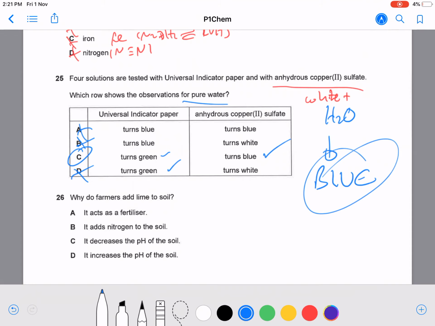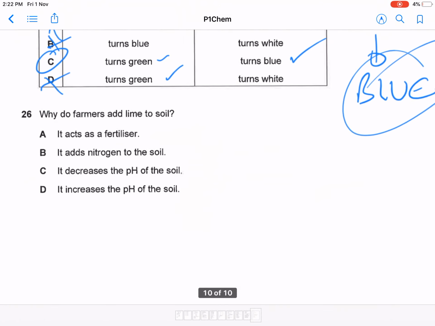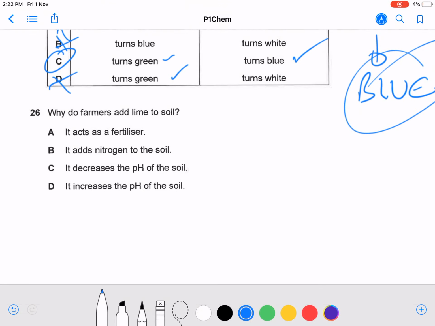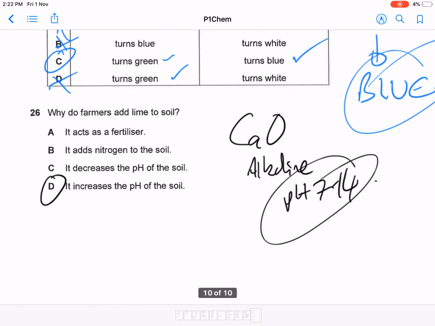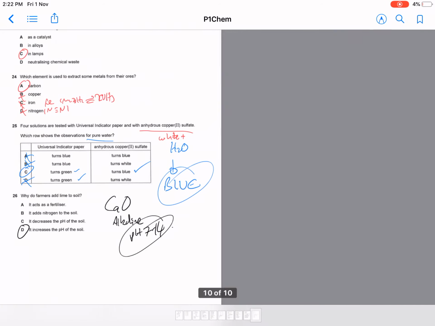The answer is C. Why do farmers add lime to soil? Lime, again, is CaO, not a juicy fruit that you can make a drink with. It's going to increase the pH of the soil because it is alkaline, pH 7 to 14. The number will get bigger the more you add.